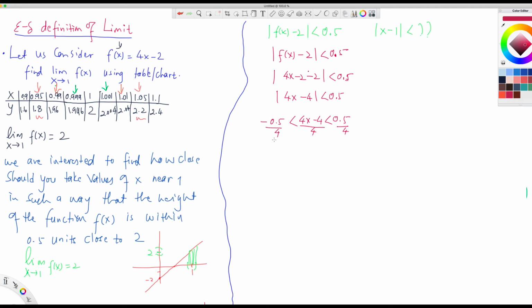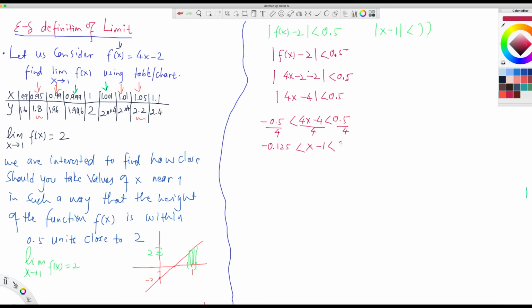What is 0.5 divided by 4? That is 0.125. So that will look like negative 0.125 is less than, so 4x divided by 4 is x, and then minus 4 divided by 4 is 1.